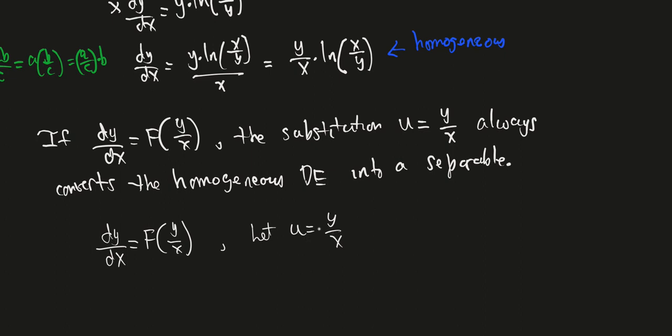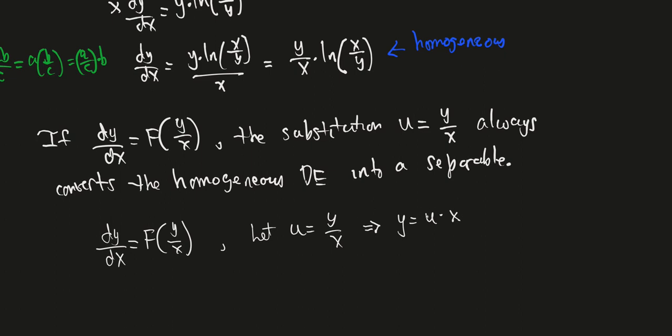So I'm going to solve my equation here for y. Let's isolate y. So y is equal to u times x.